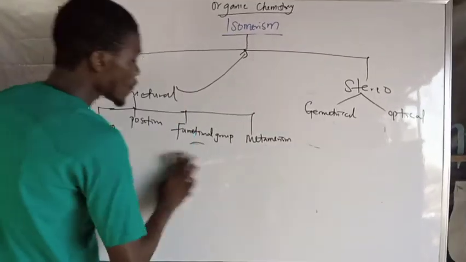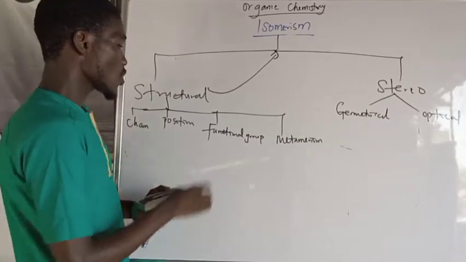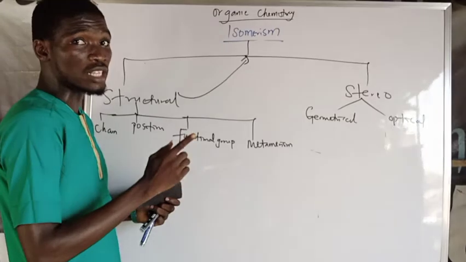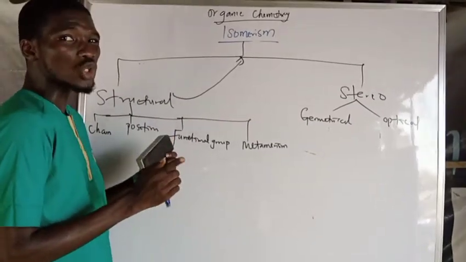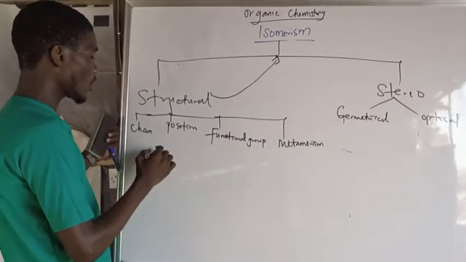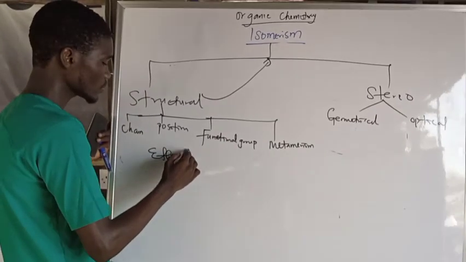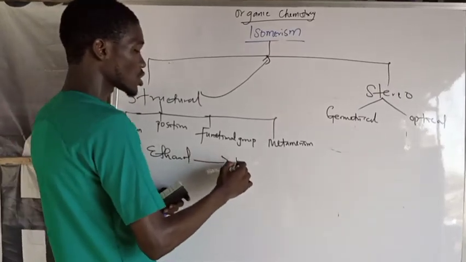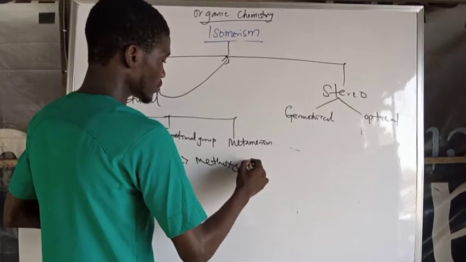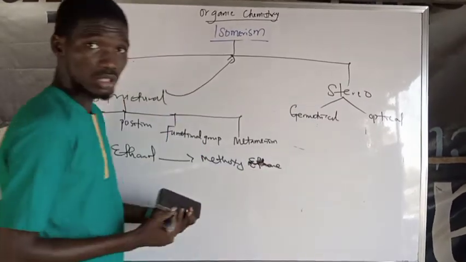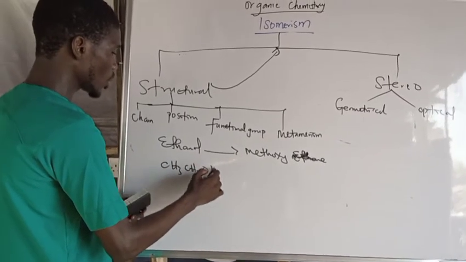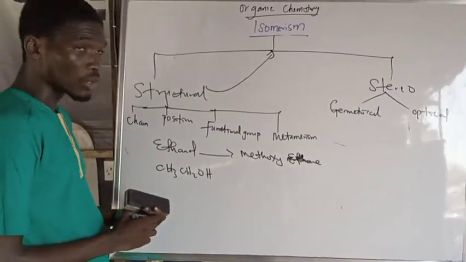Then the third one is functional group isomerism. They have the same molecular formula but different functional groups, and they also belong to different homologous series. Example, we have ethanol. This ethanol can also produce methoxymethane. So we have CH3, CH2OH for ethanol.